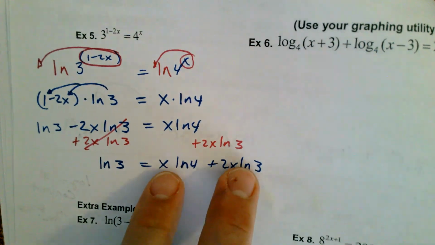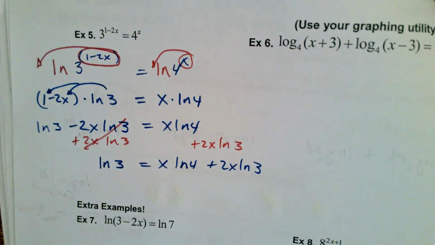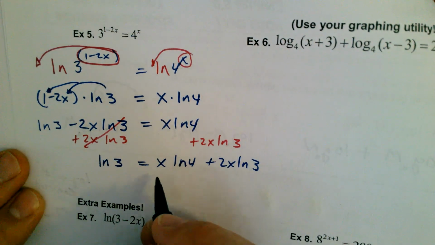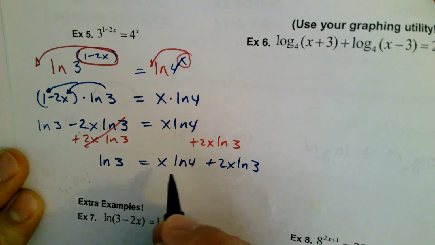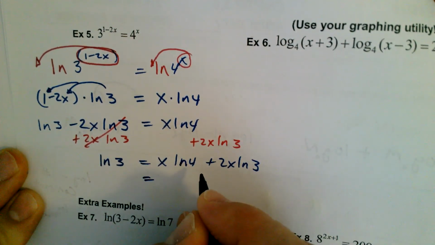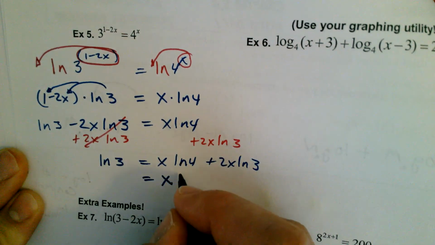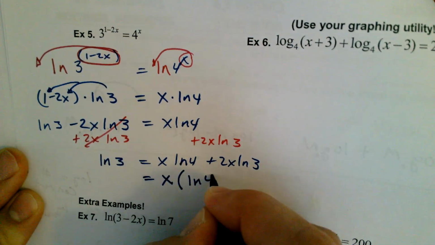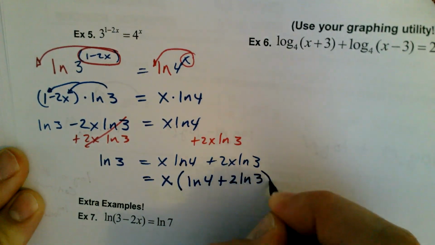Now I can't combine these two logs. They're different, right? One's a log of 4, one's a log of 3, and we've got numbers in front. You just can't combine them. But what I can do is look at both terms and see that they both have an x, and I can factor that out. So the issue is I can't combine them, but I can factor an x out. So if I take out an x, that leaves me with the natural log of 4 plus 2 natural log of 3.